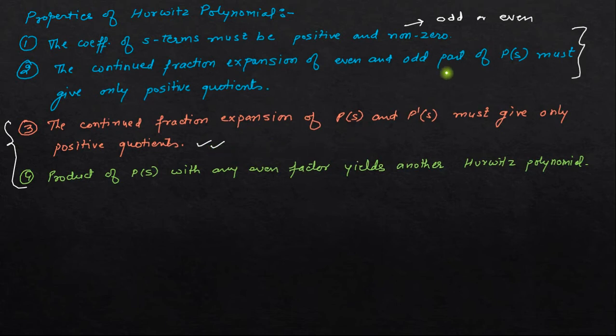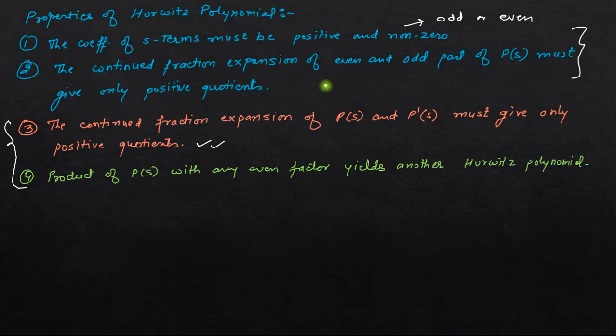That means when the given polynomial is either odd or even, we will calculate its derivative, and then the continued fraction expansion will be carried forward with P(s) and its derivative, and it must also give only positive quotients. If all the quotients are positive, then we would say the given polynomial is Hurwitz.